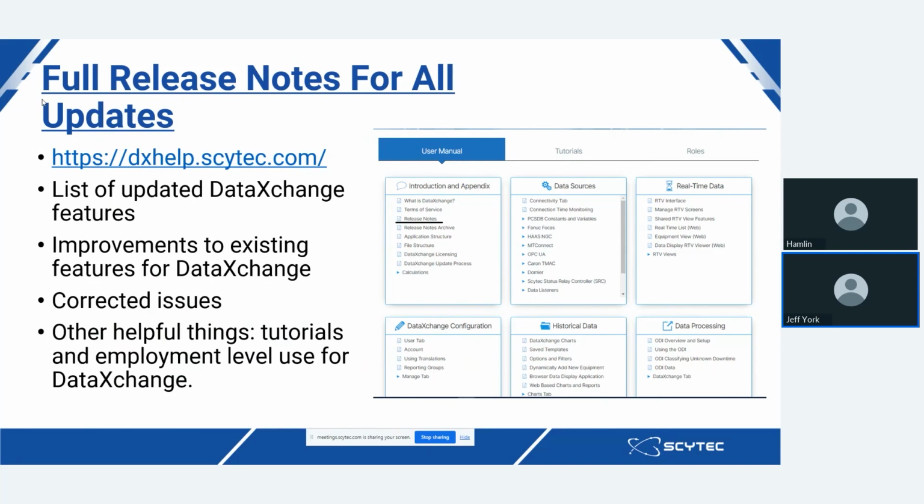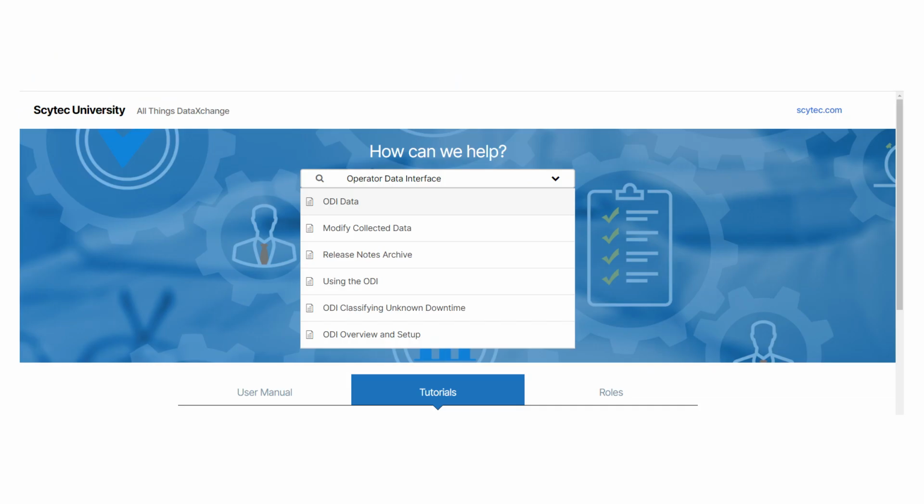I'd also like to point out this help website for a lot of different reasons. It's very informative for those of you that have any troubleshooting needs. If you look over in that middle category, there is a tab that says tutorials. If you click on that, there is a little search bar that comes up where you can type in anything that you're having trouble with in terms of understanding or its proper use.